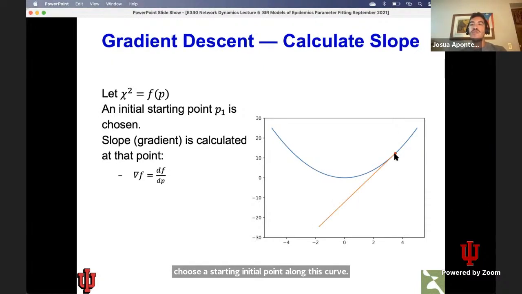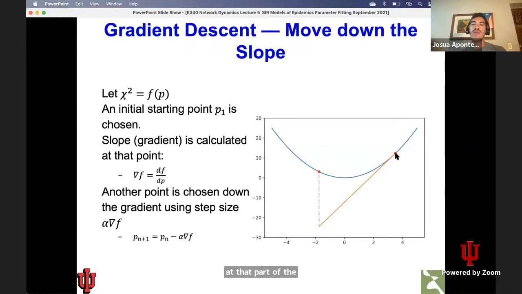And then the algorithm is going to calculate the slope at that part of the curve.